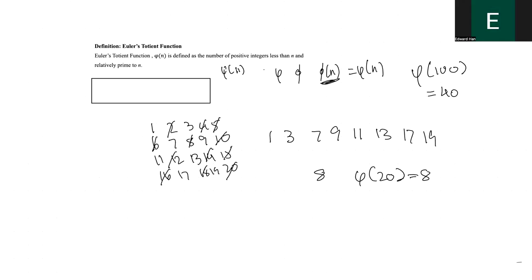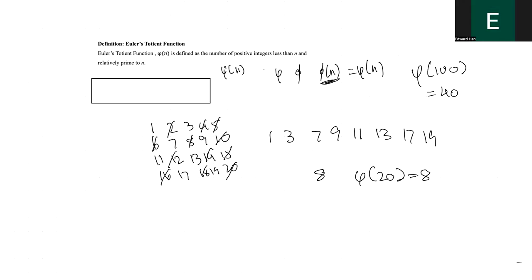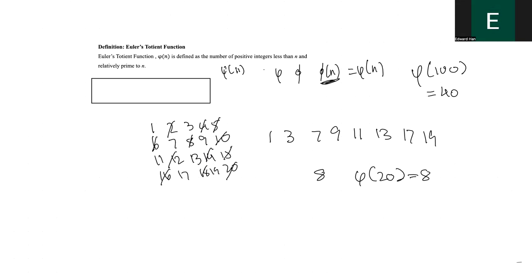So we have a formula, and we can actually derive it instead of just looking at the formula, because that's boring. If you don't know the formula, this is how you find it. So we're going to try to find the formula now.